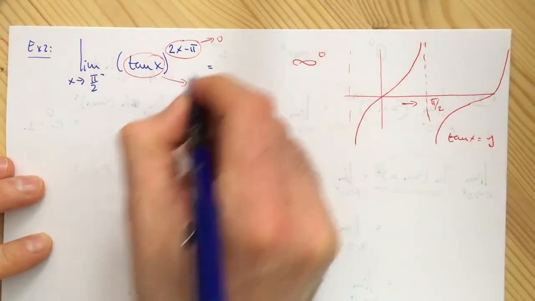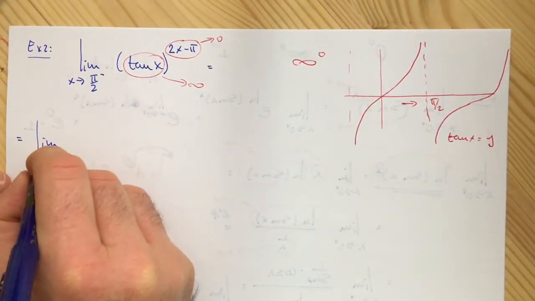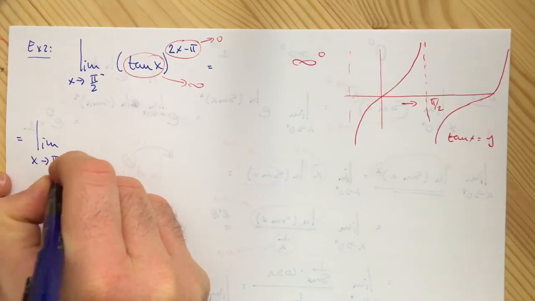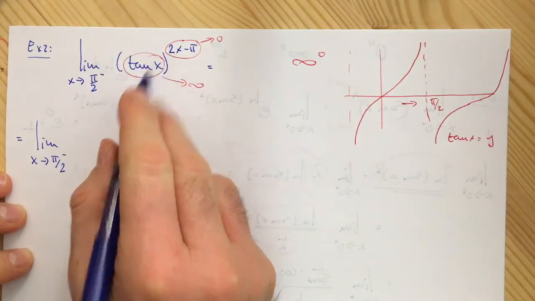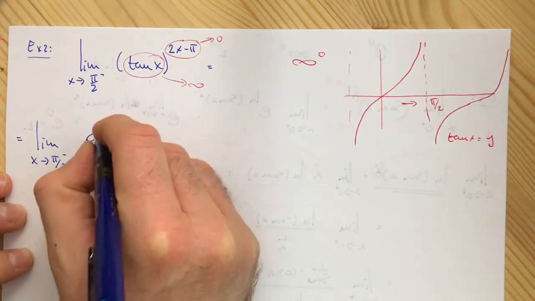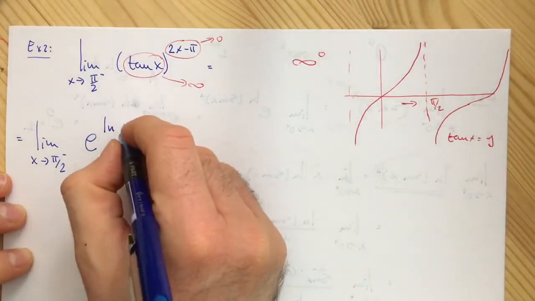Okay? The method how to solve this is the same as in the previous example. In order to drop this exponent, I have to rewrite this as e to the power of ln of the limit that we are looking for.